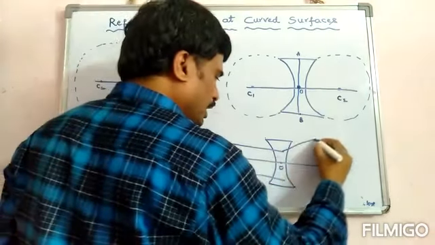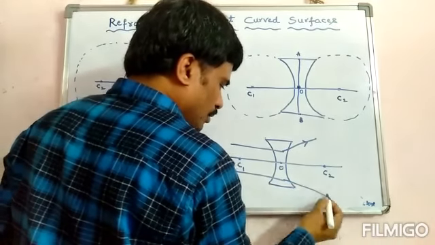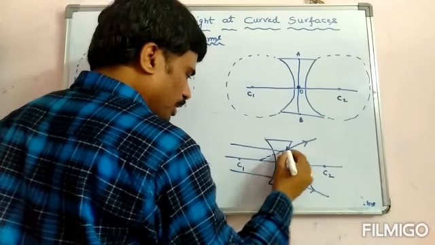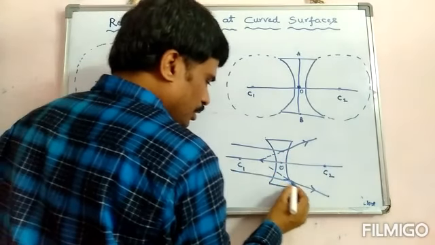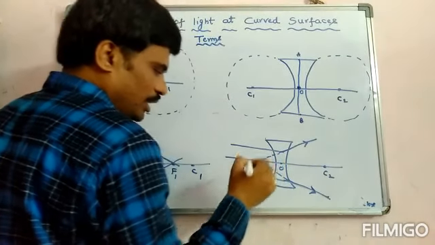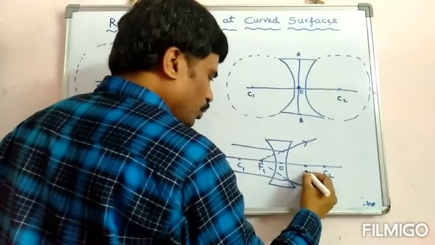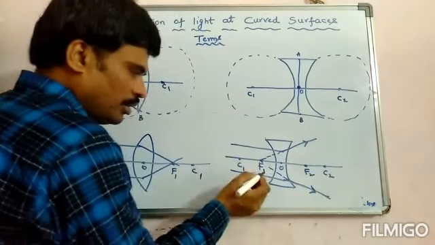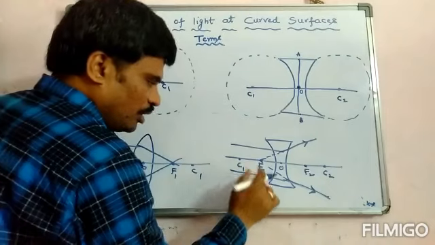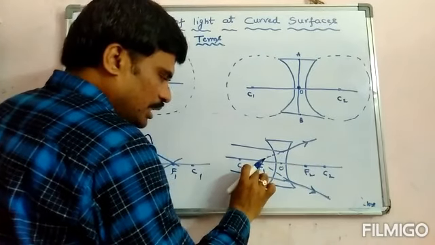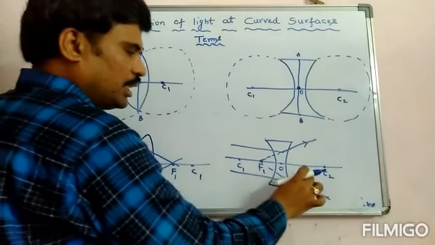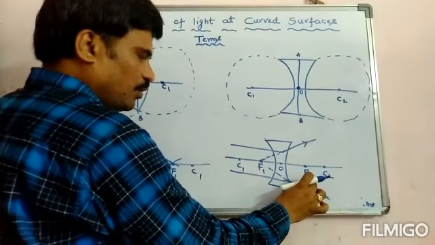They are going to diverge, but these diverging rays appear to be coming from a point, because this point is the focus. And here also you may observe another focus, but here F1 is called virtual focus, right? And here this F1 is called first principal focus, and this is called second principal focus.